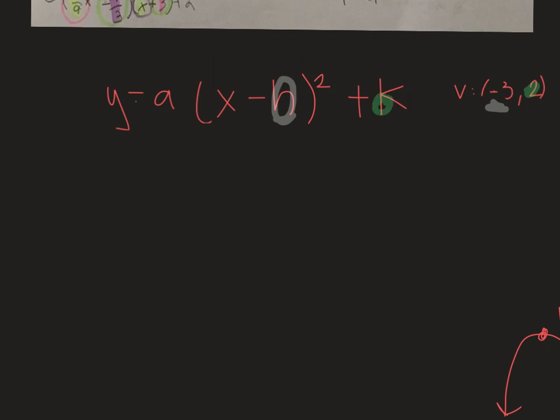So we've got y equals a(x minus, see that minus sign right there? I'm just rewriting that minus sign. Now my h that I'm going to plug in is going to be -3, so something's going to happen here, right? -3 squared plus the k that I'm plugging in is 2.